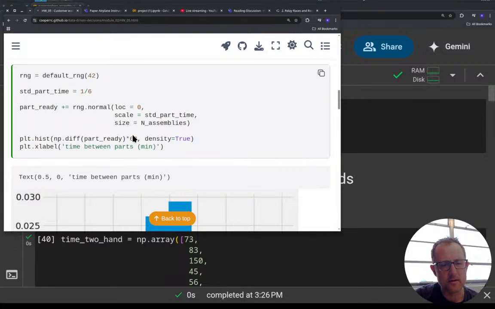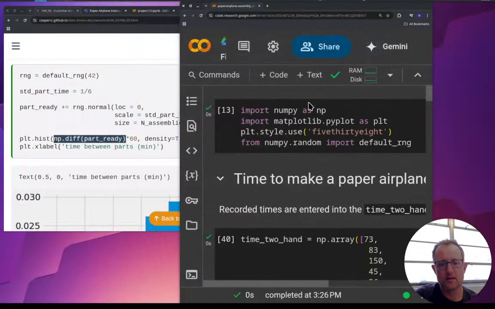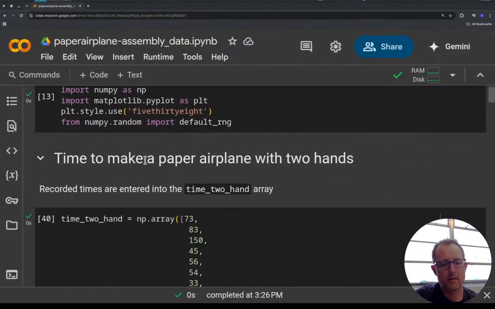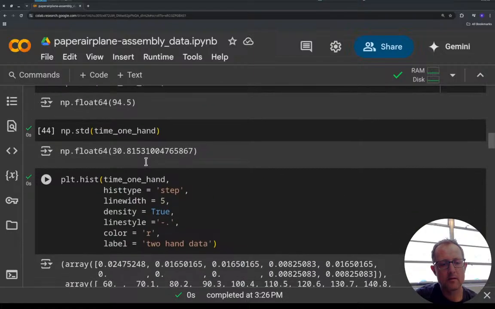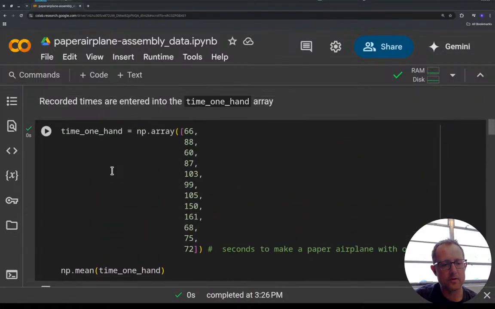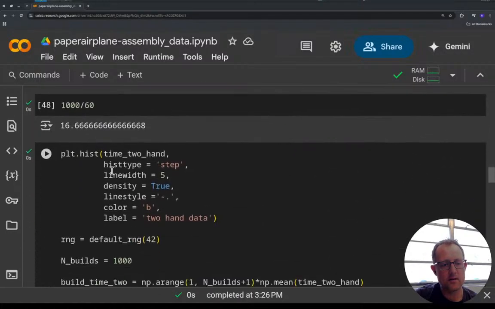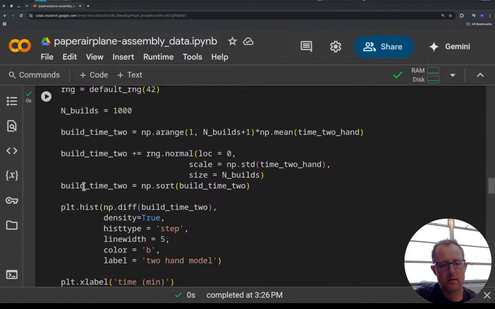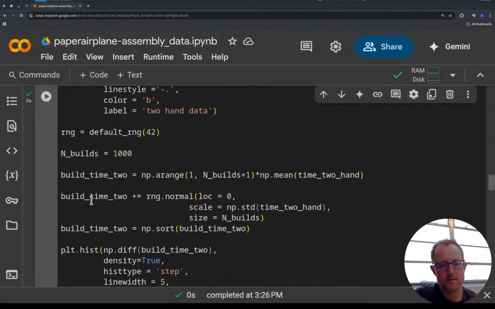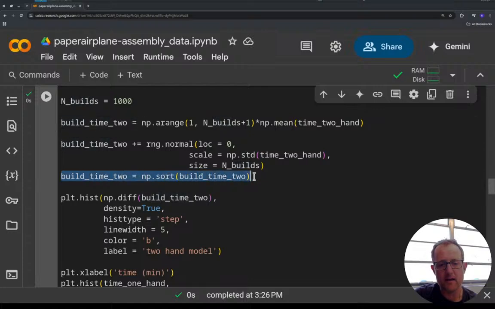And I think this one we might have to sort the same way that I just did. It helps to run this step of sorting, to make sure that there's never a negative time, because it just doesn't make sense to go back in time because one took long and one was short.